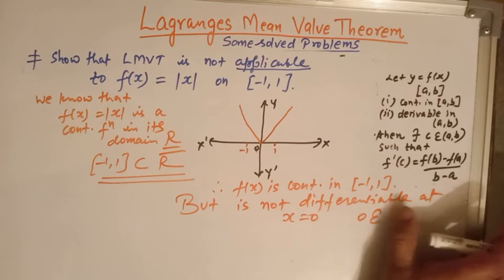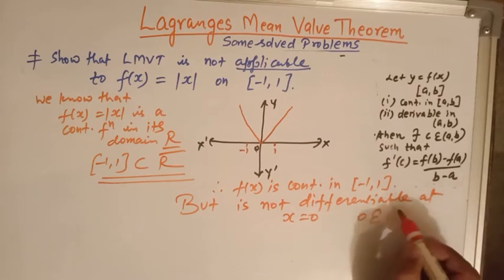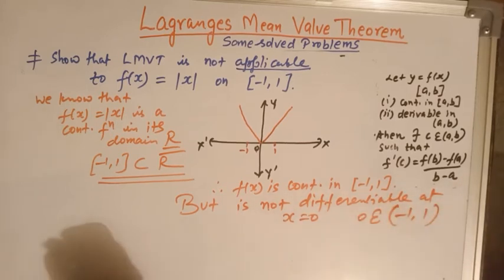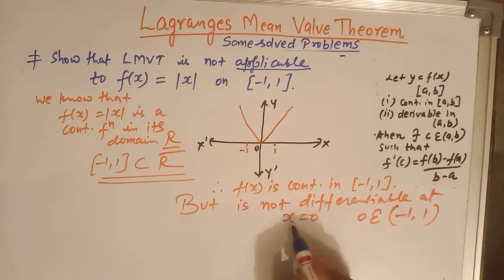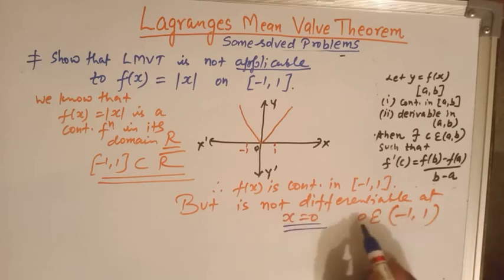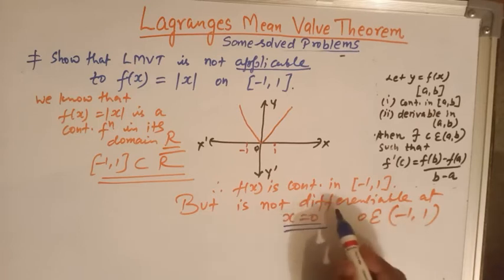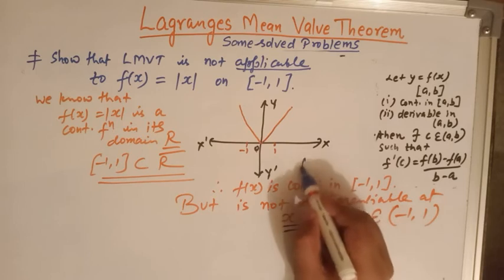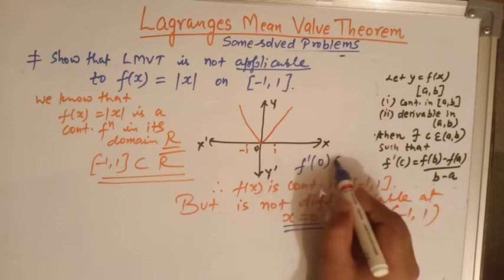We can write it like this: 0 belongs to minus 1 to 1. Clear? So we see that this function, the absolute value function, is not differentiable at x equal to 0, and the non-differentiability means f prime of 0 does not exist.